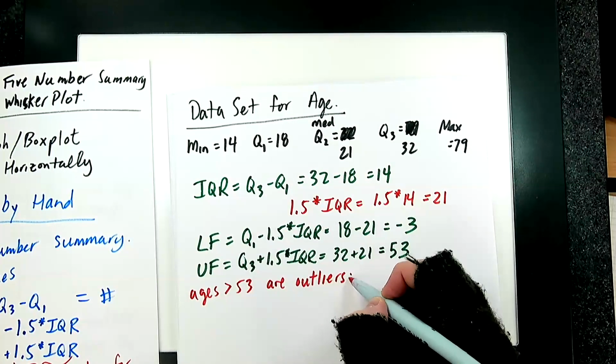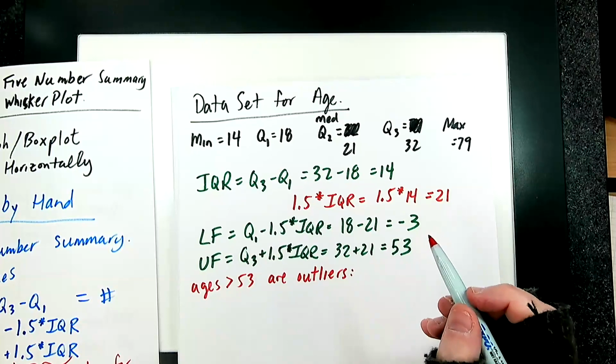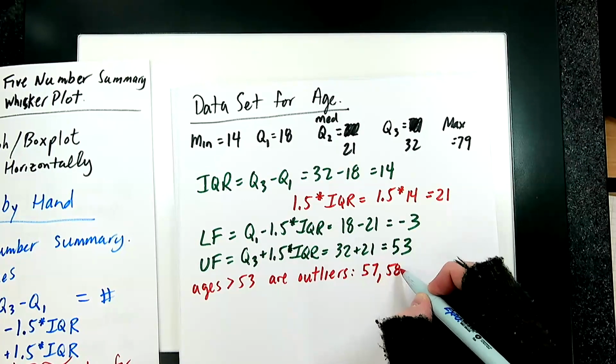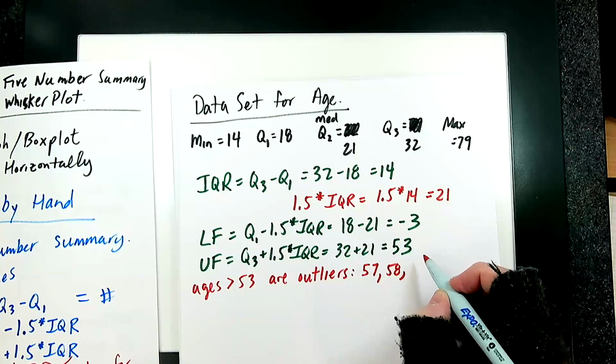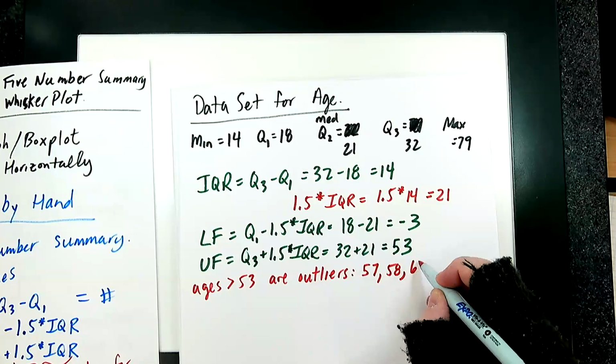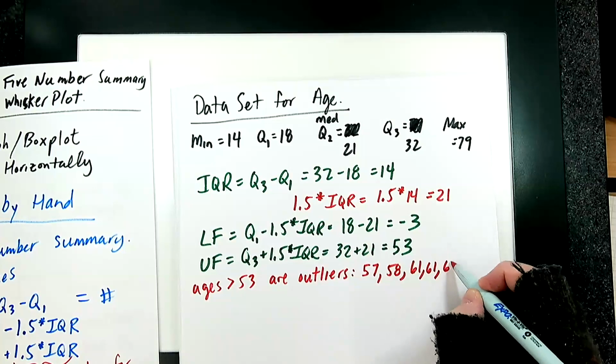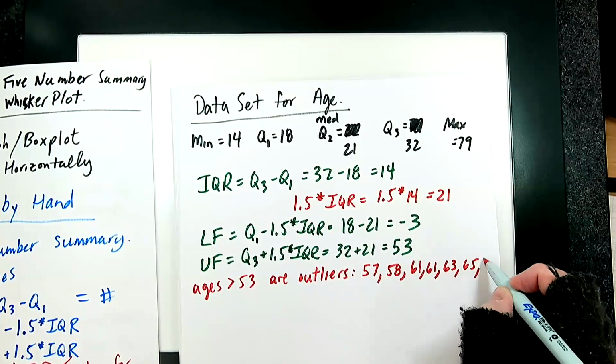And in the data set, we have them at 57, 58. There's 2 at 61. There's a 63, a 65, a 79.